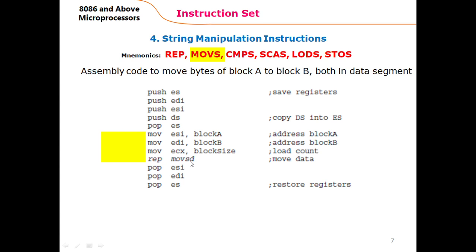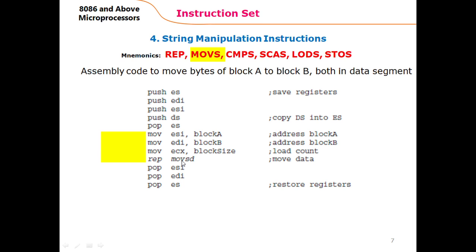Because this instruction always transfers from the data segment location addressed by SI to the extra segment location addressed by DI, and now these registers point exactly to the locations that we want. And this repeat would repeat until CX becomes 0, and CX is decremented with every repetition, as we saw on the previous slides.